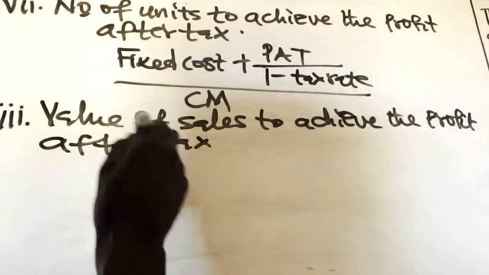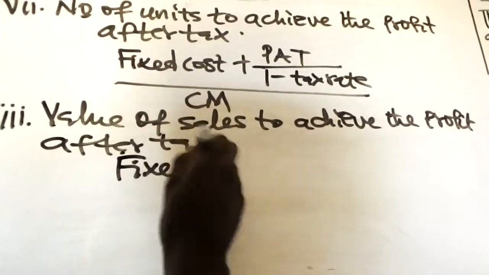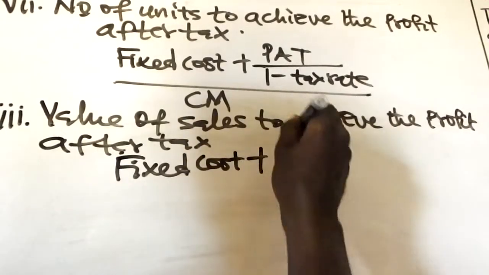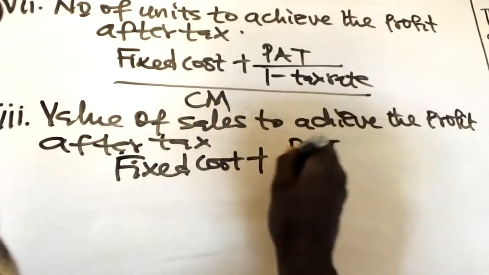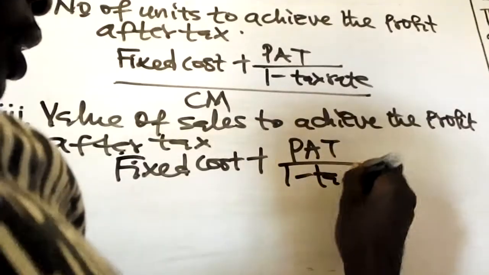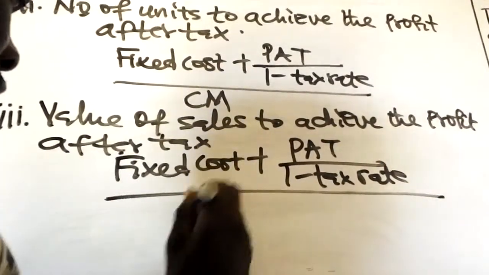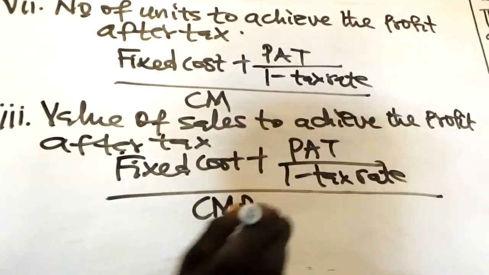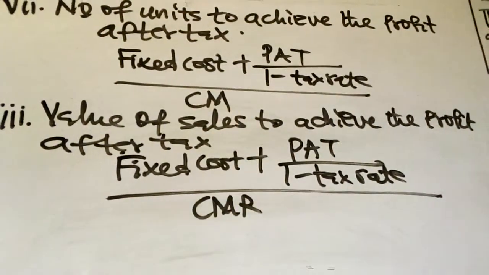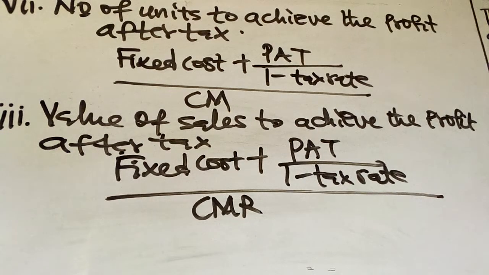That will be fixed cost plus profit after tax over 1 minus tax rate, all over CMR, since it is value. That is why the denominator becomes contribution margin ratio.